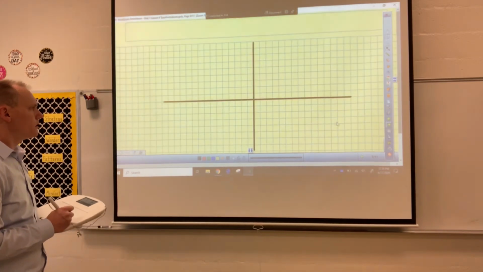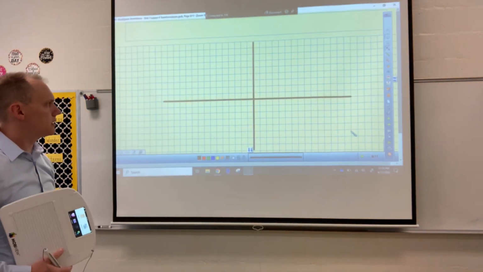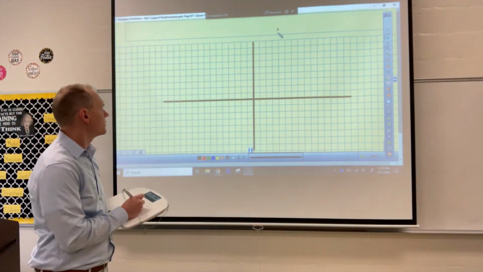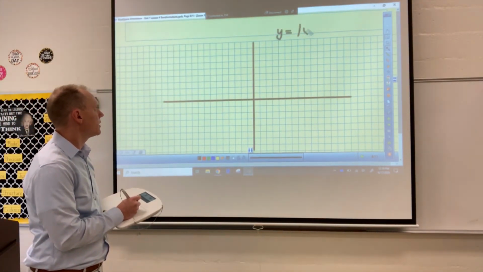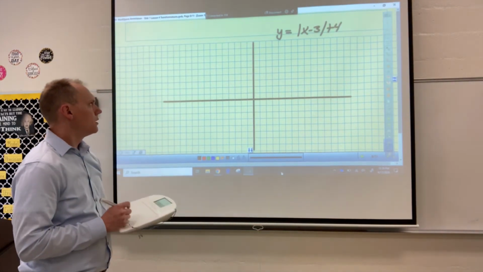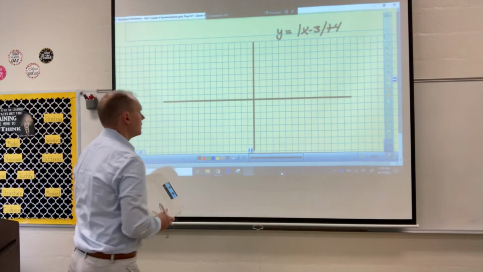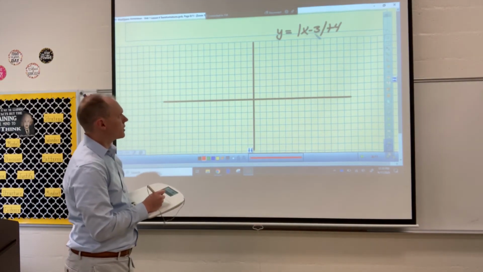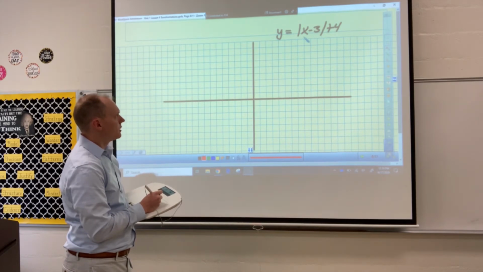Okay, so let's move on and let's look at the graph of this. Let's go back and talk about this one here. y equals absolute value of x minus 3 plus 4. So again, it's a shift to the right 3 and up 4.